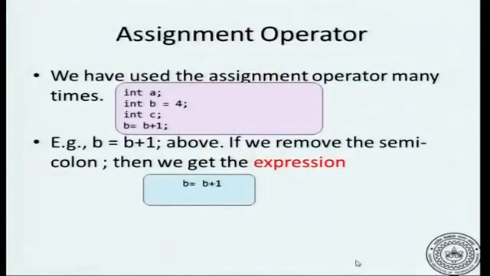We have used the assignment operation many times, and let's understand it in somewhat more detail. For example, if we consider the expression b equal to b plus 1, now if we remove the semicolon at the end, so the statement is b equal to b plus 1 semicolon, and if you omit the semicolon, what you get is an assignment expression, b equal to b plus 1 without the semicolon.